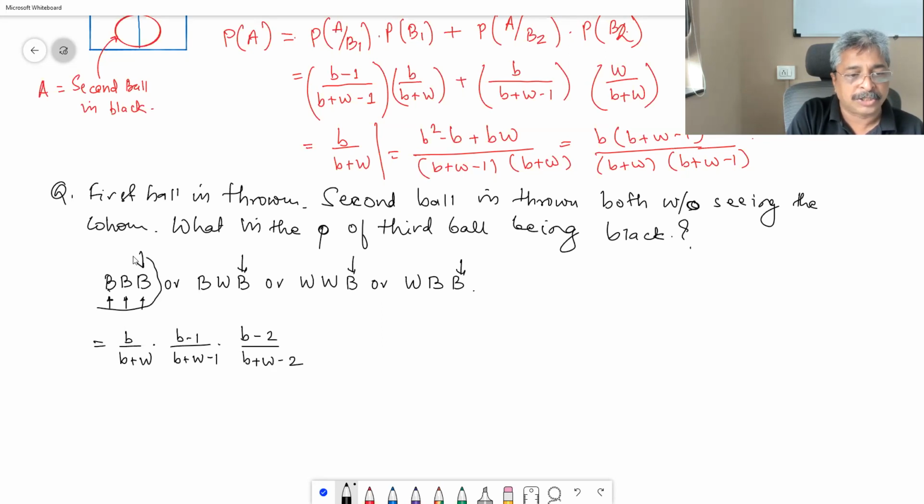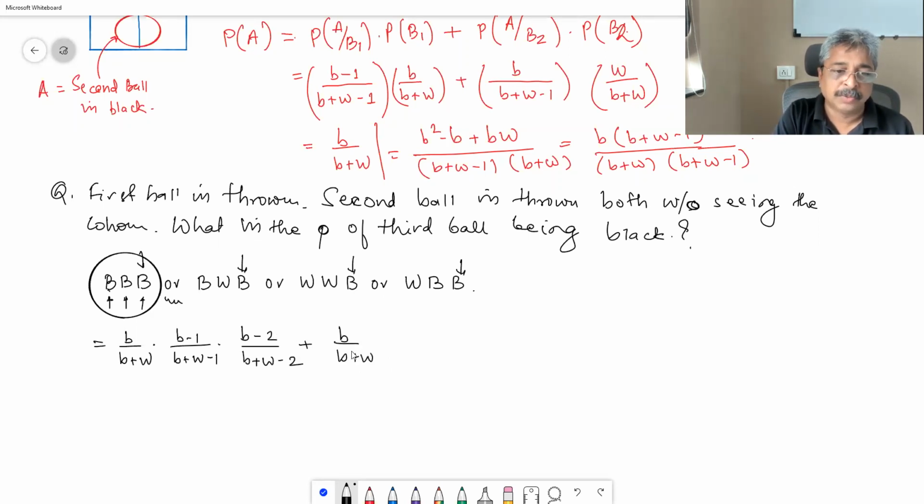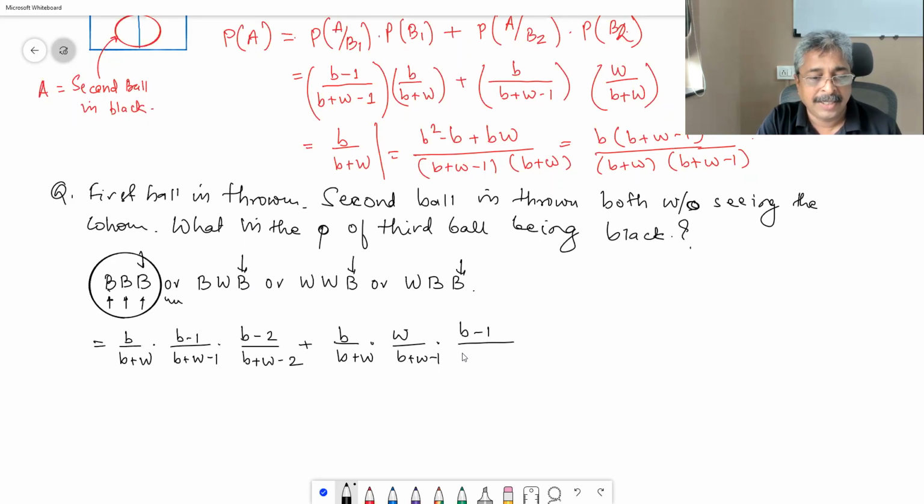This is for this term, plus B upon B plus W, first ball is black, probability of second ball white given first black, that is W divided by B plus W minus 1, third ball is black given first is black, second is white, B minus 1, because one black ball is less, and B plus W minus 2, they are removed.